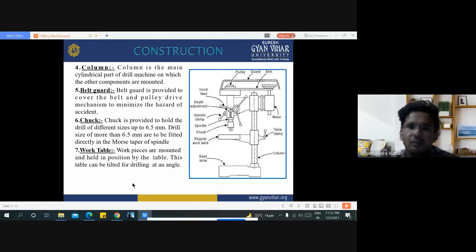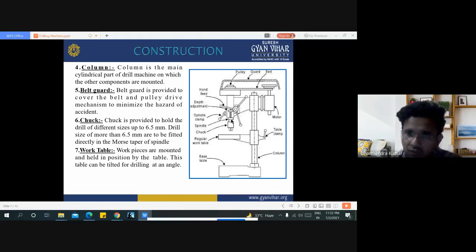Work table: workpieces are mounted and held in position by the table. This table can be tilted for drilling at an angle. Here is the table clamp, and this is the table on which we are putting the workpiece.